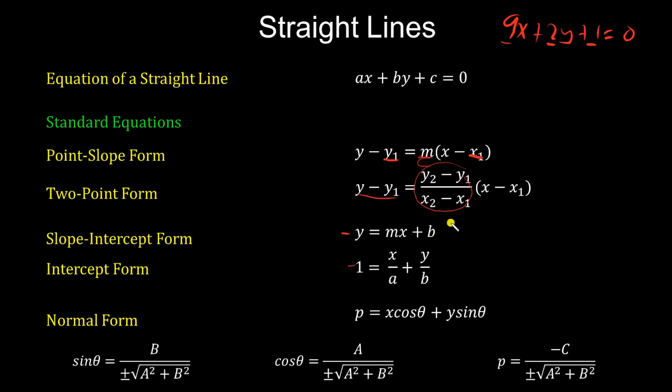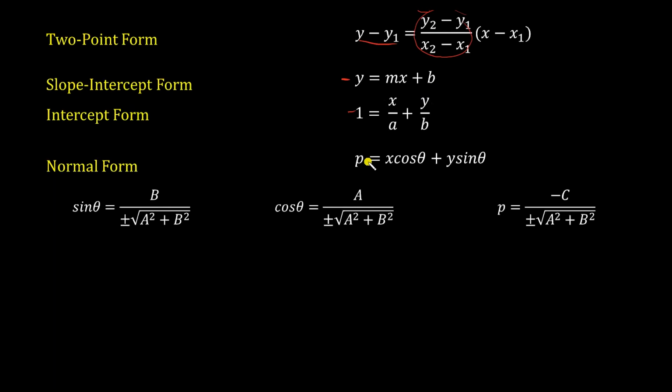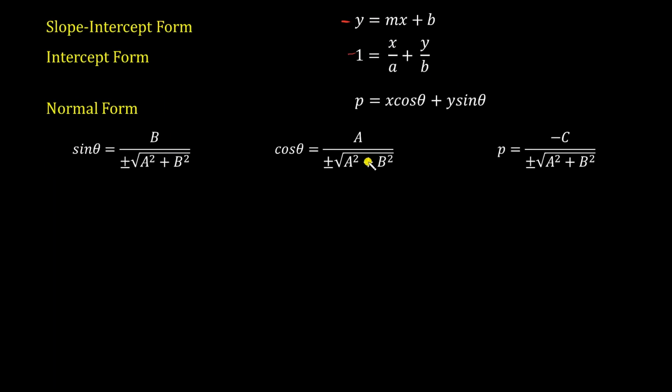Then finally, we have here the normal form. So what is the normal form? You will use it if the given in the problem is this. For example, this is the graph, and this is the line.